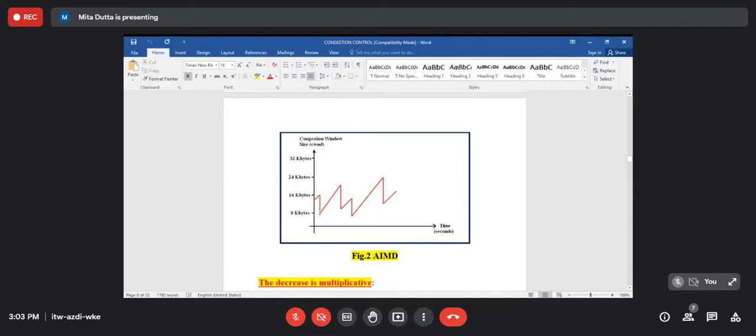And since the increase is additive, 8 will be the congestion window size, and it will increase by 1: 8, 9, 10, 11, 12, and so on. The increase will be like this, additive increase.